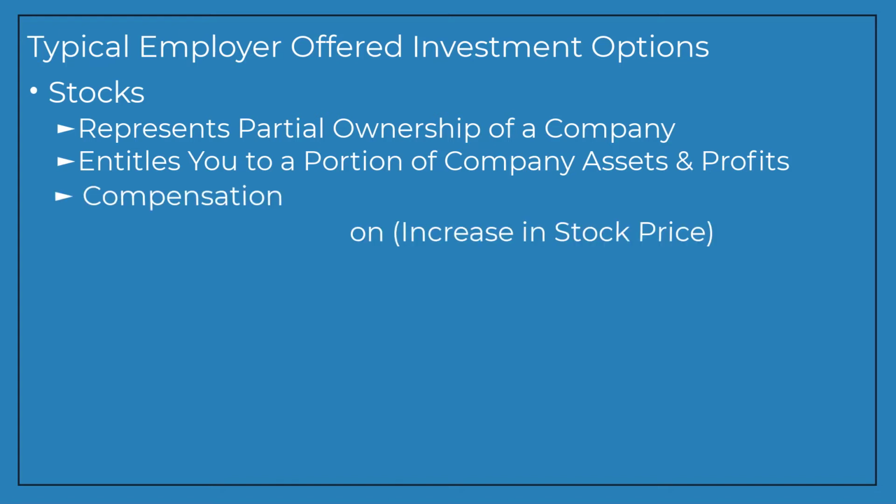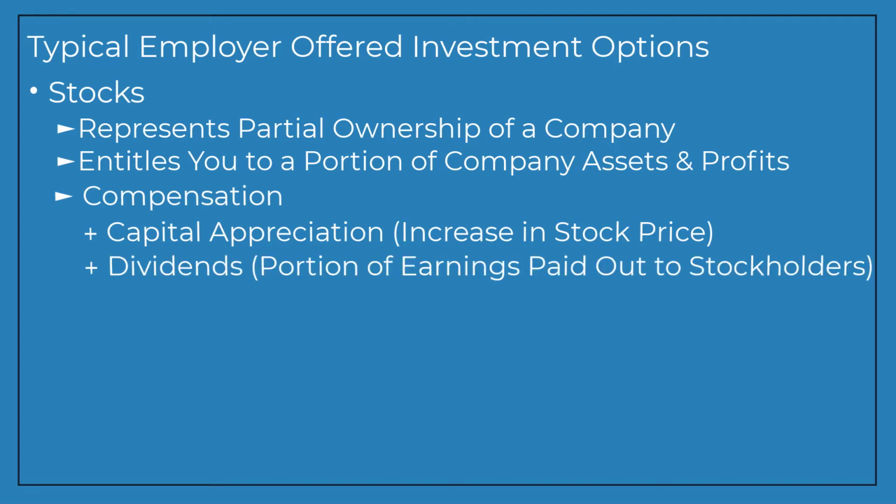The first is capital appreciation, in other words, the increase in the stock price. As a company makes more money, its value will increase, and the stockholders should be able to sell the stock to other investors for a higher price. The other way you're compensated is from dividends. And dividends are when a company pays out a portion of its earnings in cash to stockholders.